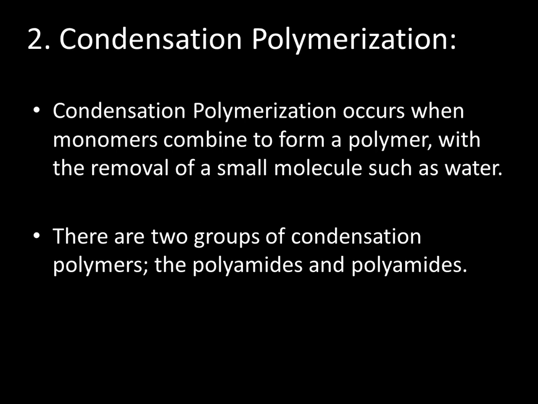So it is defined as a polymerization when the monomers combine to form a polymer with the removal of a small molecule such as water. And two types of condensation polymers will be explained in this video, that's polyamides and polyesters.